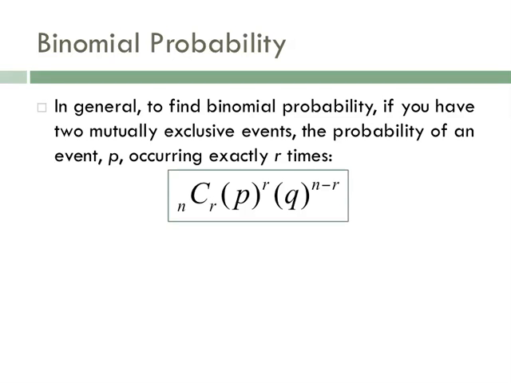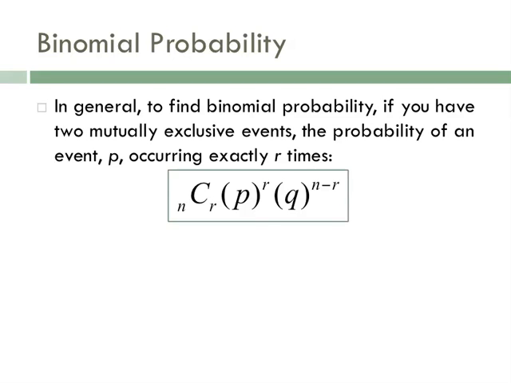Okay, and then we have P, the probability of event P happening, raised to the R power. So if it happens R number of times, you multiply P that many times. And then Q is, because this is a binomial probability, it's either P happens or Q happens. So if P doesn't happen, then that must mean Q happens. Well, how many times does Q occur? Well, out of N number of times, if P occurs R times, that must mean Q occurs N minus R times.